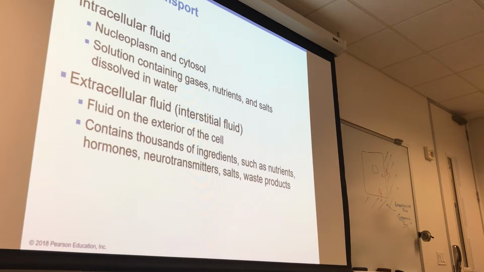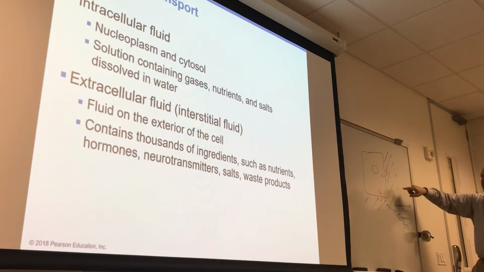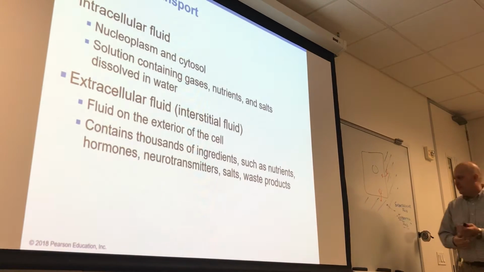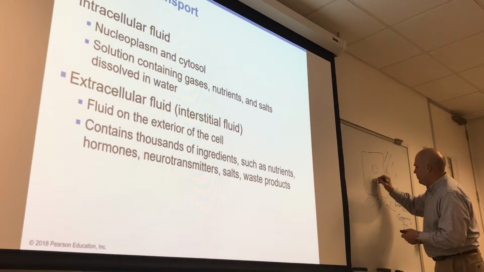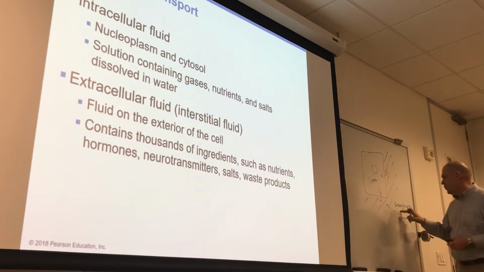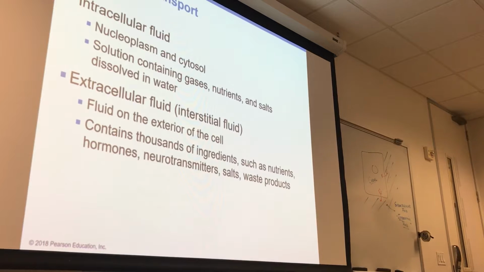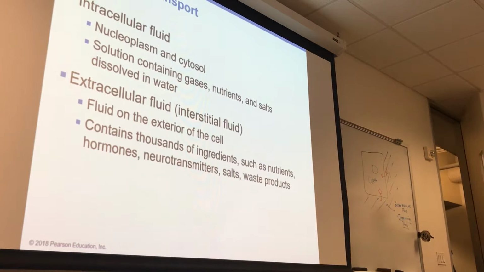We move it wherever we're going to move it. But there's always going to be movement between the fluid within the cell, the cytosol, and the fluid outside of the cell, which henceforth will always be referred to in this class as the interstitial fluid.